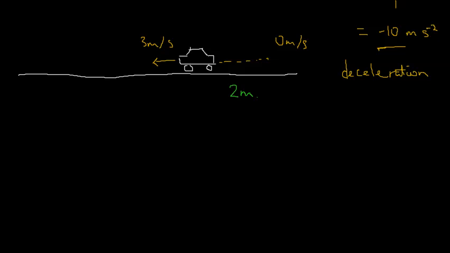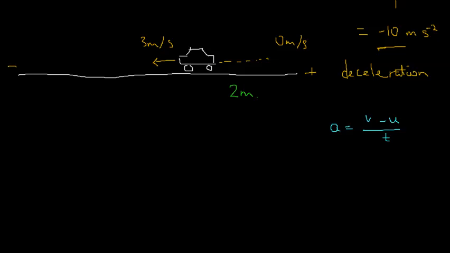I'm going to keep my convention of positive to the right and negative to the left. So for this second part of the motion where the car starts moving to the left, if I calculate my acceleration again, acceleration is equal to, using the same symbols, the final minus the initial velocity divided by the time.